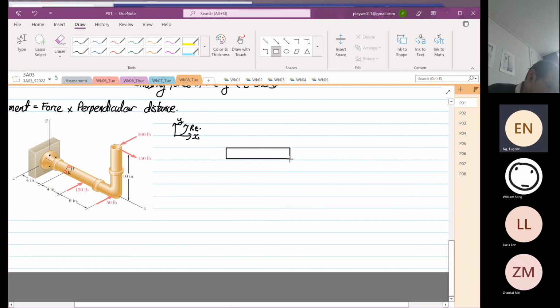I will sketch the position of the neutral axis, and then put in the elements that we're interested in. So this is our element H, and this is our element K. The thing I want to focus on is this force over here.